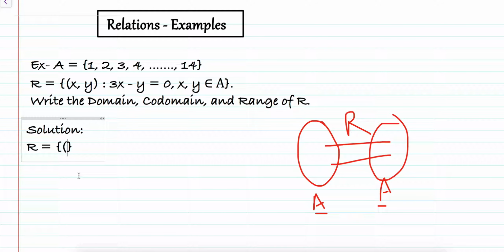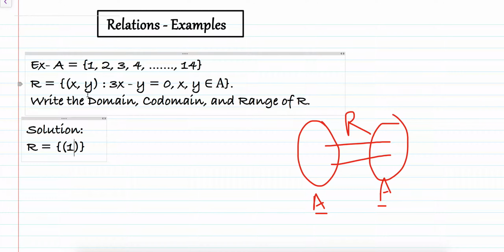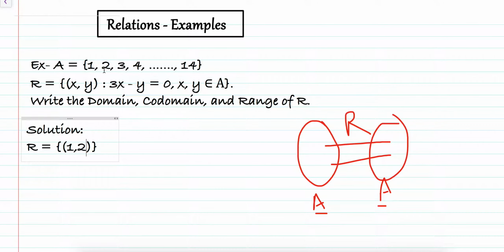Suppose first I take 1, then 3 times 1 minus 1 is not 0. Then we take 1 and 2: 3 minus 2 is not 0. Now we will take 3. So 3 minus 3 is 0. So we will go with that.